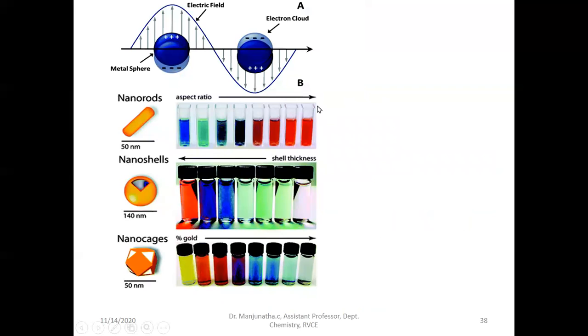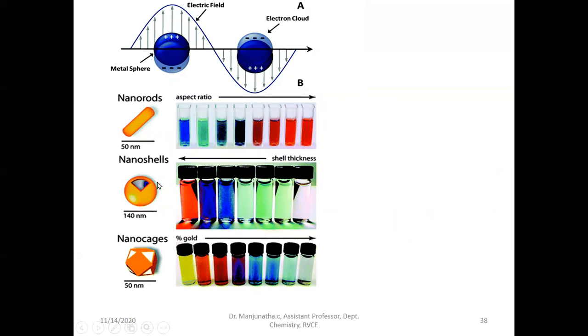Even it depends on aspect ratio, as I told you. Shapes. Look at these nano rods. If the aspect ratio, the length to breadth ratio, increases, the SPR band changes. Look at this, blue to red, it has changed if you increase the length.